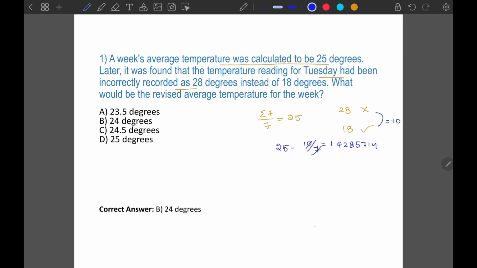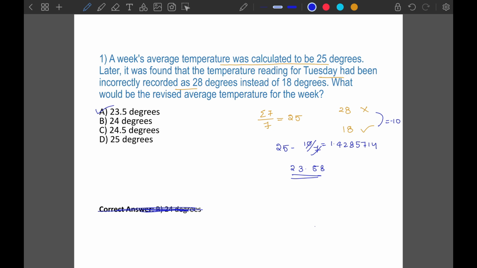Subtracting this value, we will get around 25 minus 1.43, which is about 23.57. But there is no exactly matching option; the closest matching option is A, so the correct answer is A.